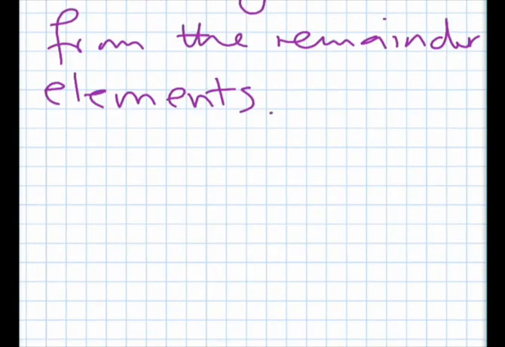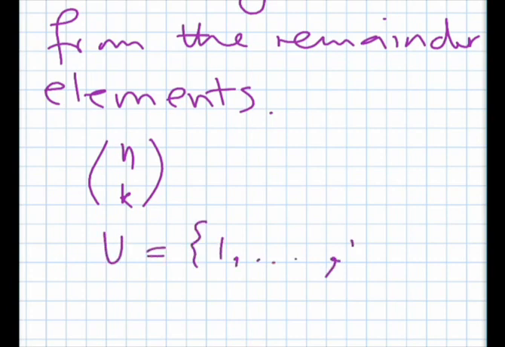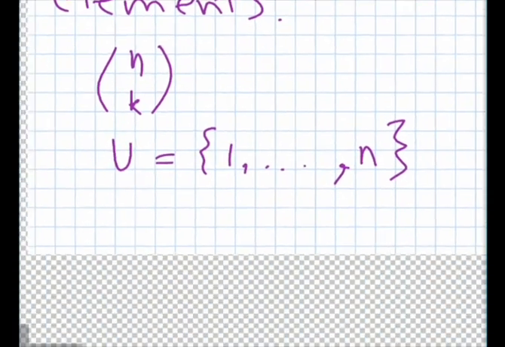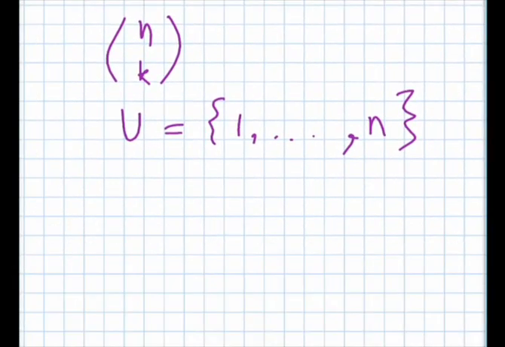Let's do the same thing with a different technique. What does n choose k mean? This means that if we have U, 1 to n, we choose k elements the first time.